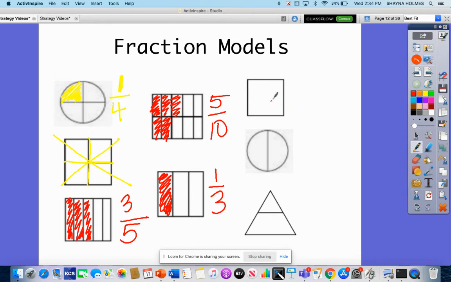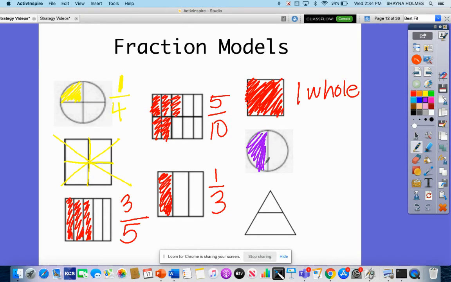Okay, right here we don't have any pieces. We just have a whole. So I'm going to represent that as one whole. We will talk about whole numbers a little later on, but right now, this is not going to be a fraction. Okay, let's change our color up.